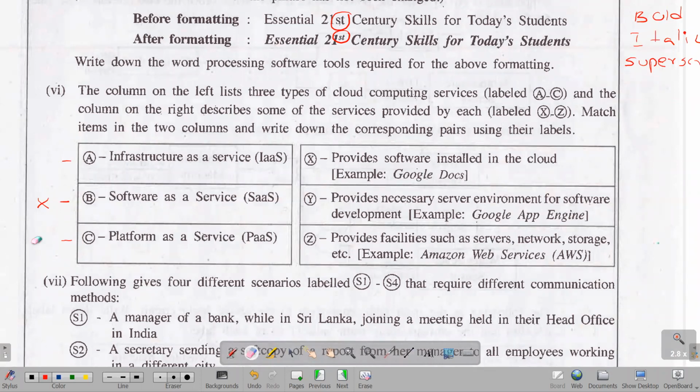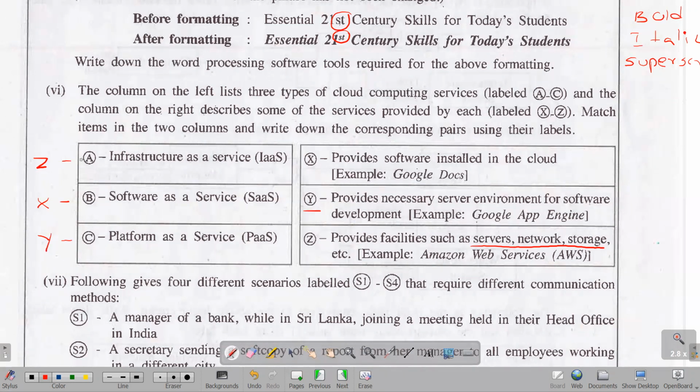Let's confirm it with the marking scheme as well. Infrastructure goes with server, network, storage kinds of things. Platform, yeah, it goes with Y, the development environment, the operating systems, those kinds of things.